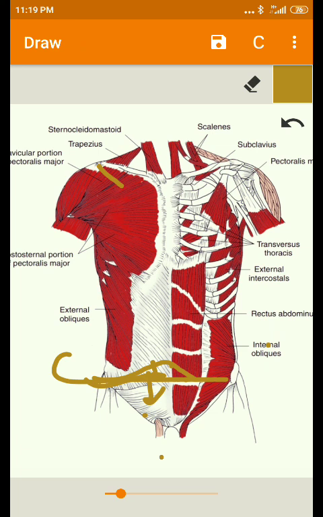These three muscles help in expiration, as accessory muscles. These are all accessory muscles: the accessory muscles which help in inspiration, and the accessory muscles which help in expiration. Okay, so this is about accessory muscles which are recruited during ventilation.